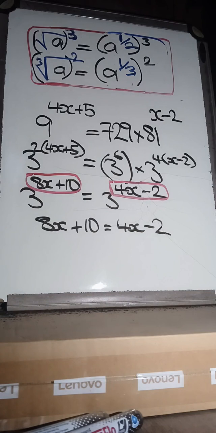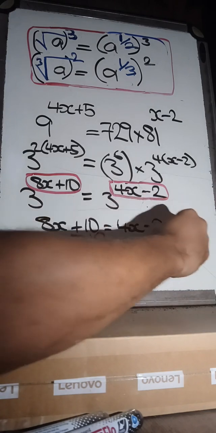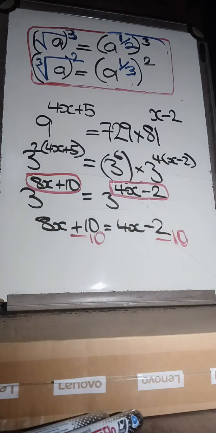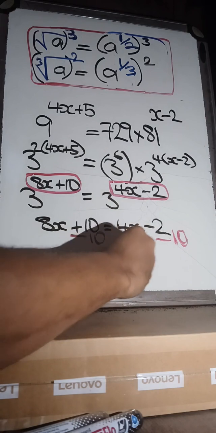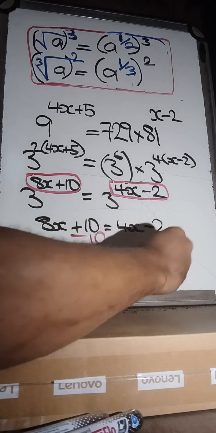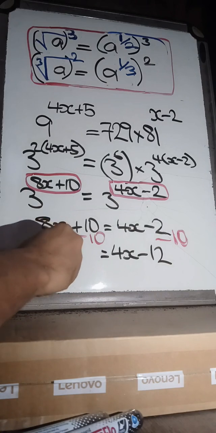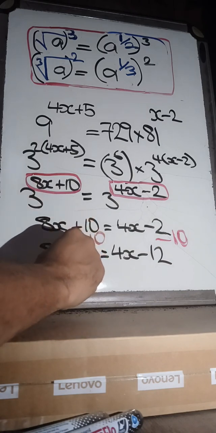We minus 10 from both sides. So that's what now? 4x minus 12 on this side. And then we just have this. Now we're going to minus 4x from both sides. So we're going to have this.